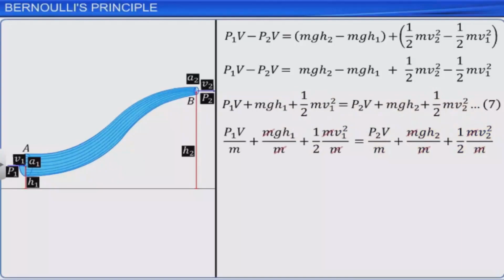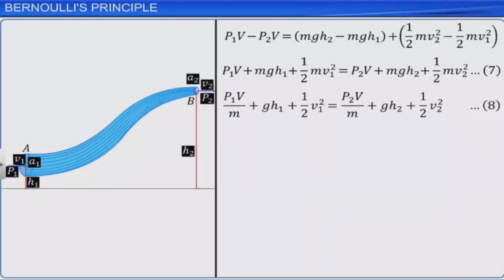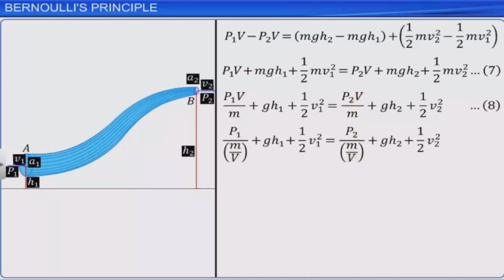We get equation 8 as shown. As the ratio of mass m to volume V is equal to density ρ, the equation now becomes P1 by ρ plus GH1 plus half V1 square is equal to P2 by ρ plus GH2 plus half V2 square.